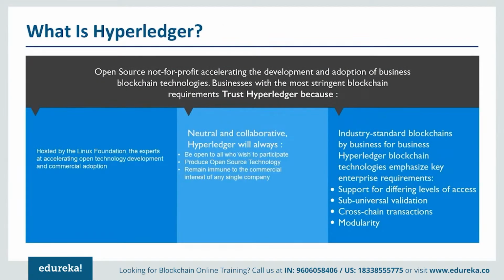It is hosted by the Linux Foundation, the experts at accelerating open technology development and commercial adoption. It is neutral and collaborative, so anyone can become a member of the Hyperledger consortium and start to contribute to the network. It gives you industry standard blockchains by business, for business. Hyperledger blockchain technologies emphasize supporting different levels of access, universal validation, cross-chain transaction, and modularity.